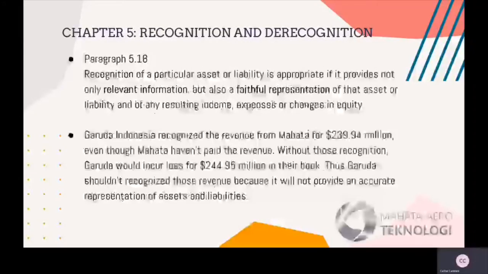Next, still in Chapter 5, paragraph 5.18 states that recognition of a particular asset or liability is appropriate if it provides not only relevant information but also a faithful representation of that asset or liability and of any resulting income, expenses, or changes in equity.